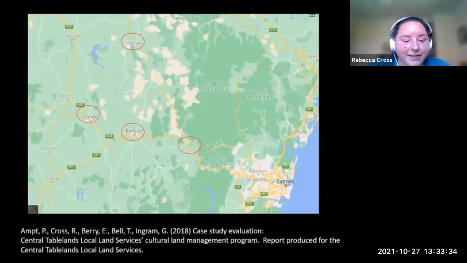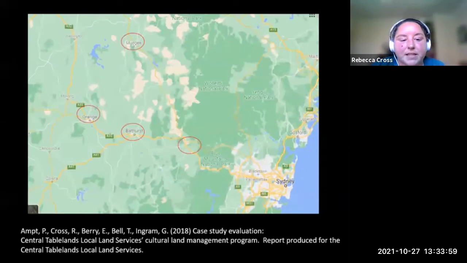So first I will discuss moving out of Sydney, and you would have seen Nama's map there where Narrabri links up with Bathurst Local Aboriginal Land Council. I'm just going to discuss quickly some insights that we gathered through a case study evaluation that helps characterize rural local Aboriginal land councils.